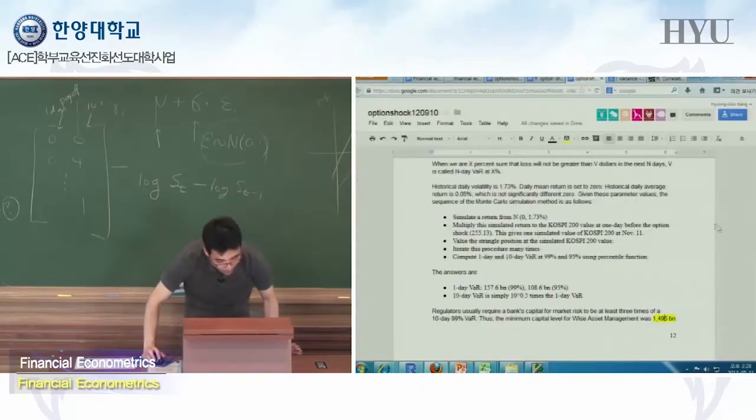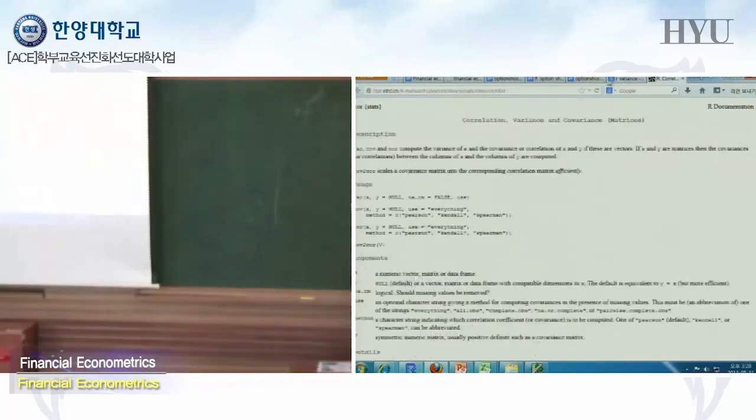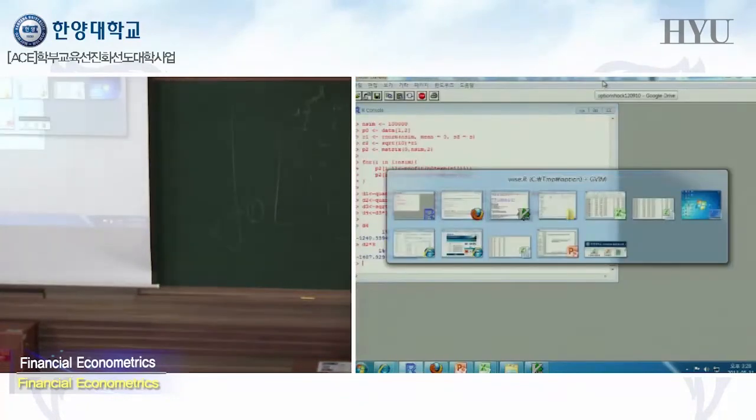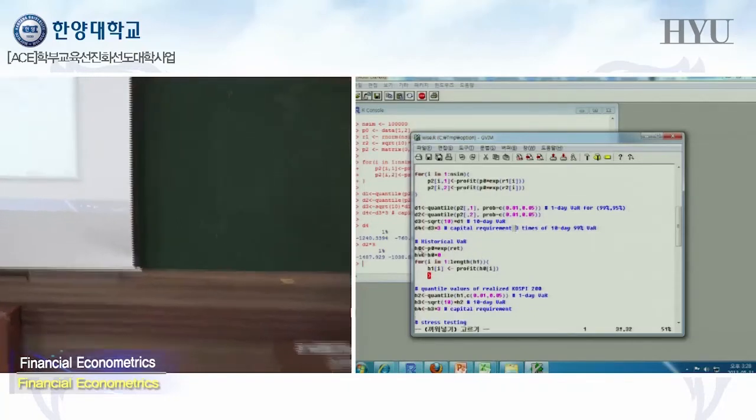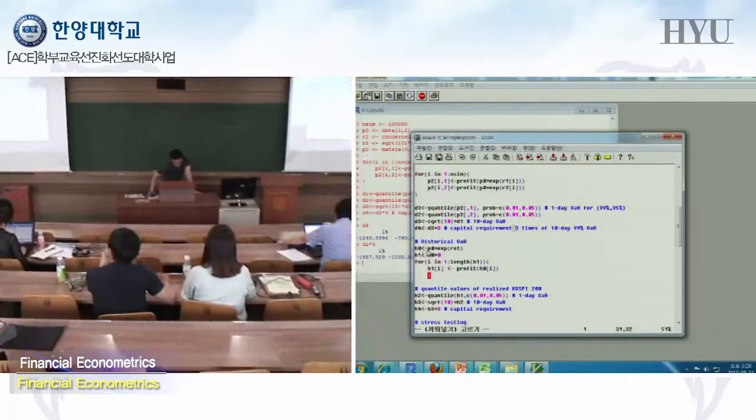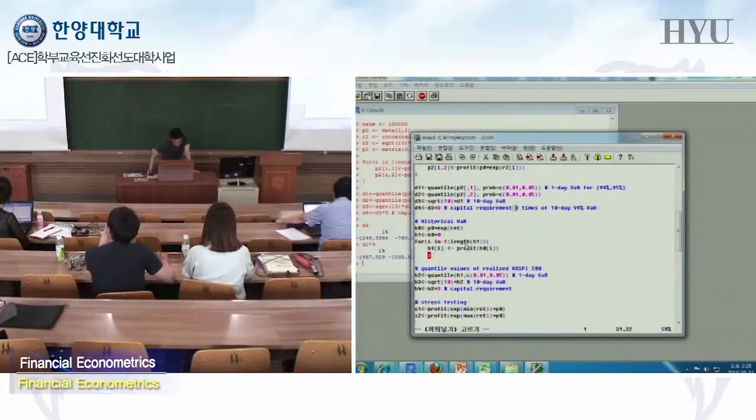Okay? So anyway, this is Monte Carlo simulation. Second, let's do the historical value at risk approach. Again, first, our H0 is... why do I have 0 over here?